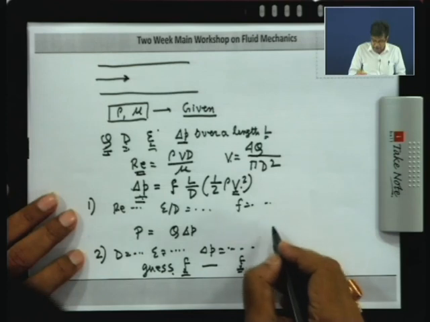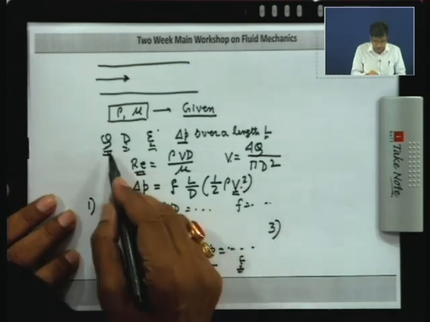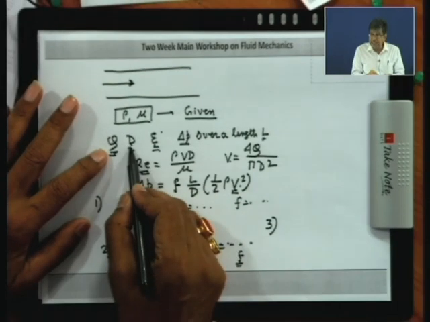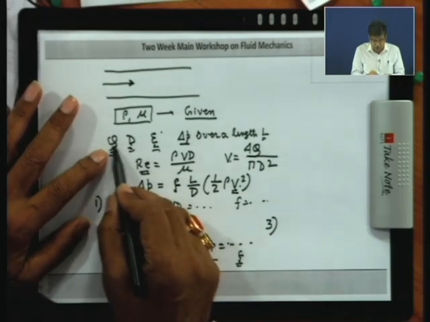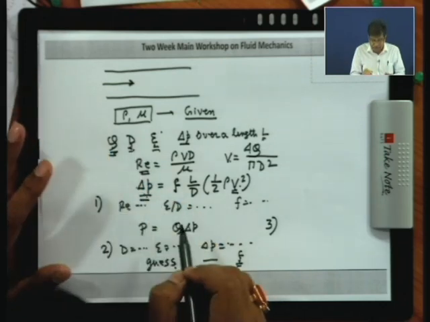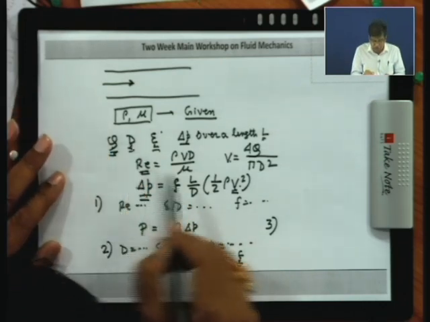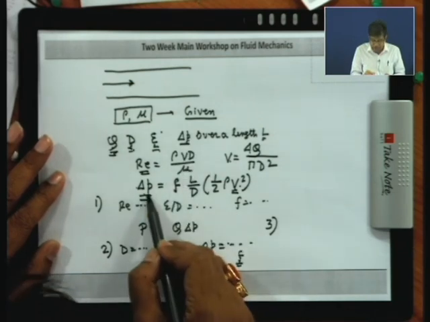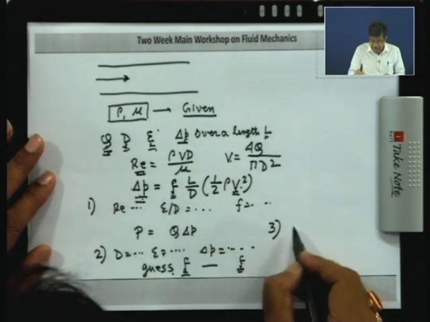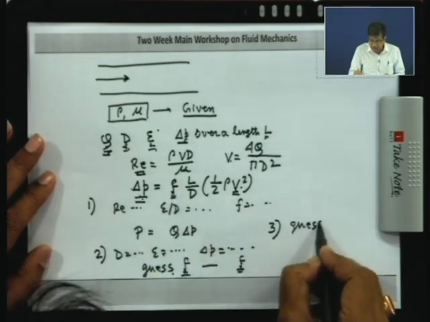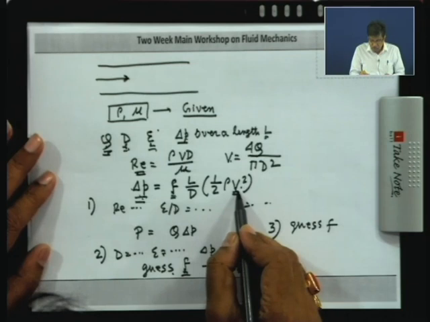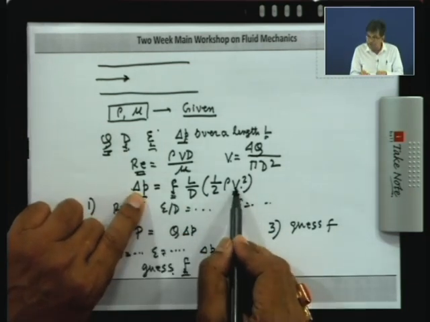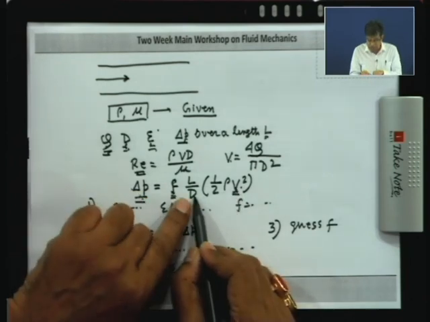Clear? Now, another option is that Q is known, epsilon is known, delta P is known, but D is not known. So, when either Q or D is unknown, this becomes an iterative thing. When D is not known, a priori I do not know the Reynolds number. But since delta P is known, if I guess f, then you can find out V if it is not known, or D if it is not known.